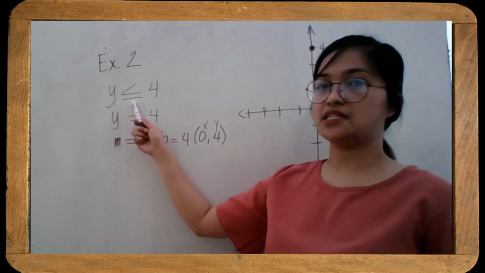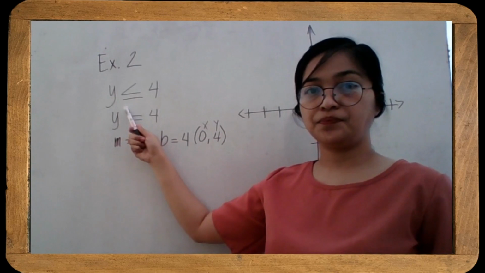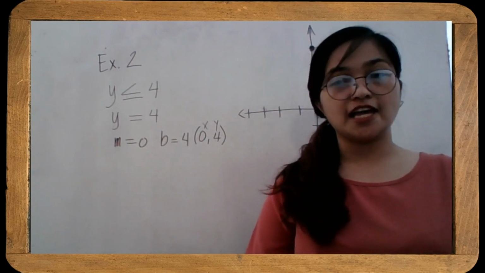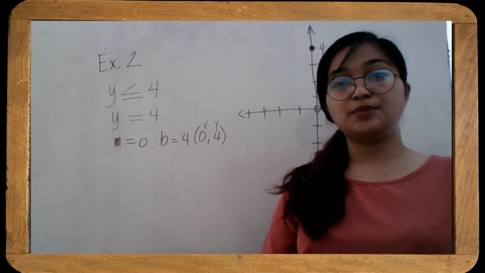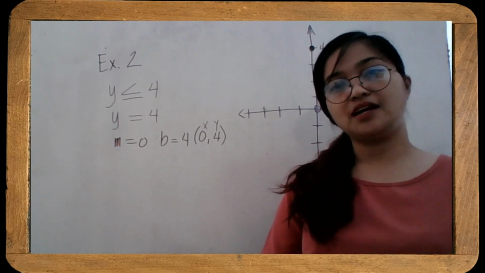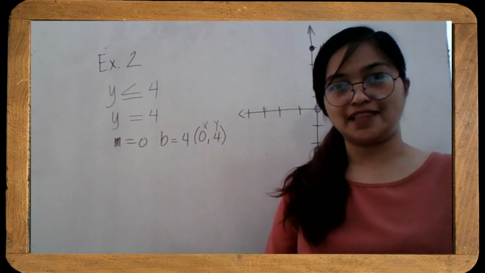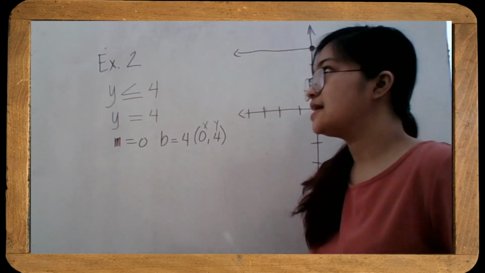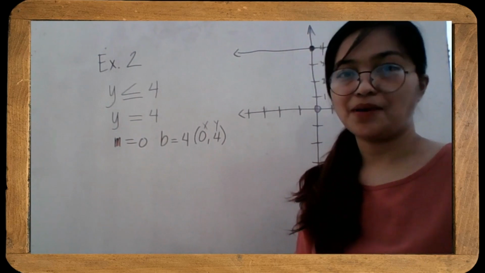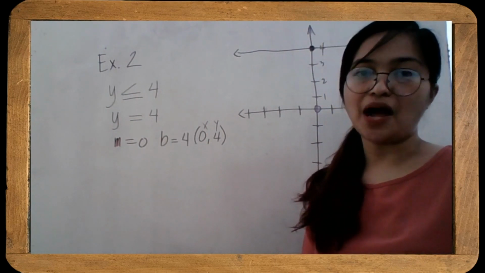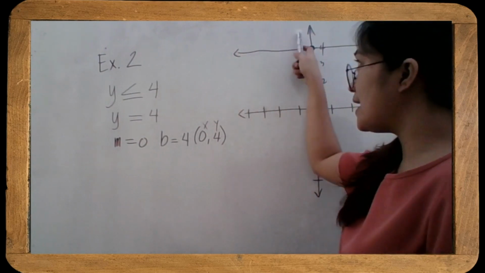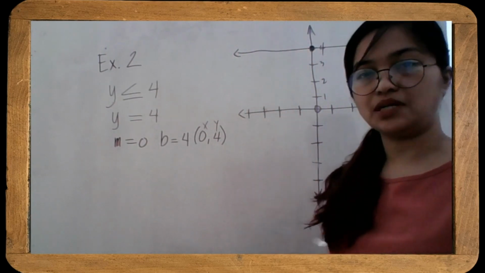Since ang ating inequality is less than or equal, is it dashed line or solid line? Okay, since siya ay less than or equal, ibig sabihin, ang gagamitin natin ay solid line. Then next, less than or equal. Pag less than or equal, paano po ang shaded part? Is it above the boundary line or below the boundary line?